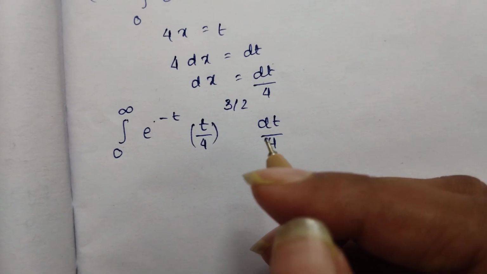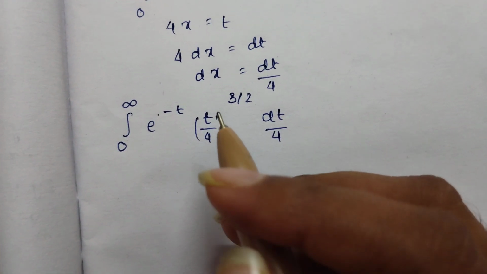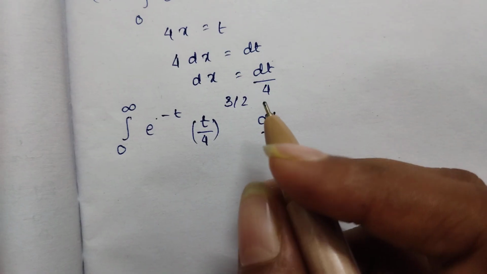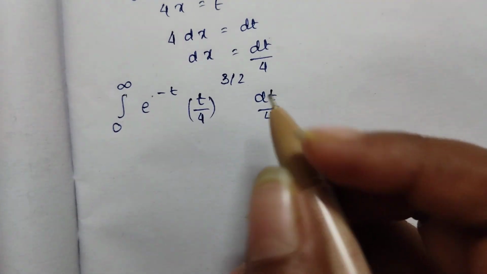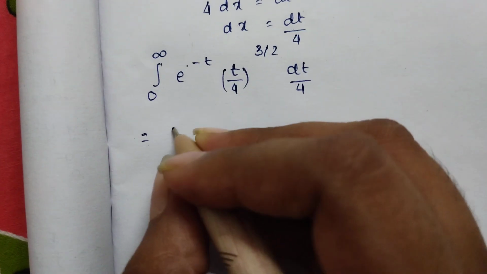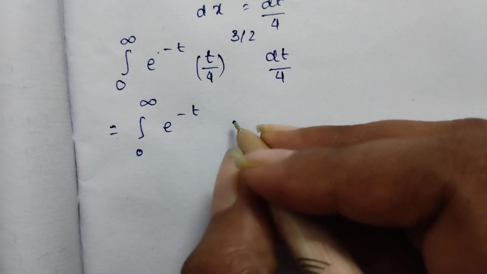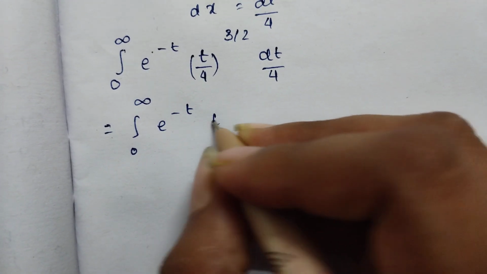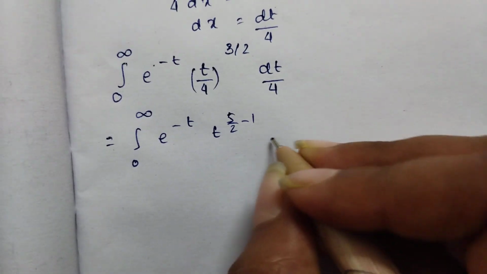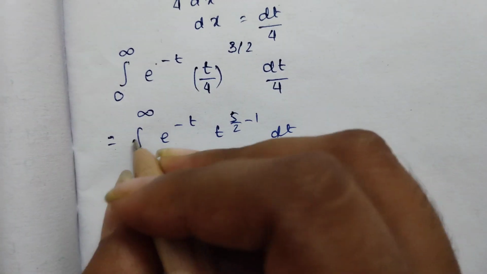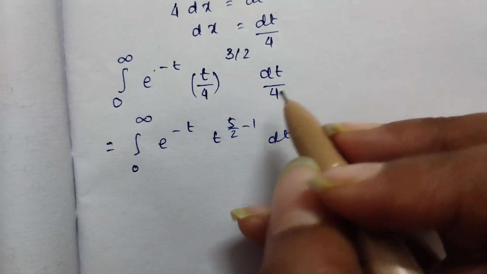Now to actually get this equation in the form of a gamma function, we know that the gamma function is given as integration from 0 to infinity of e to the power minus x into x to the power n minus 1. So if we need to express it as n minus 1, we can write this as: integration from 0 to infinity of e to the power minus t into t to the power 5 by 2 minus 1 dt, and we are taking 4 to the power 3 by 2 into 4.